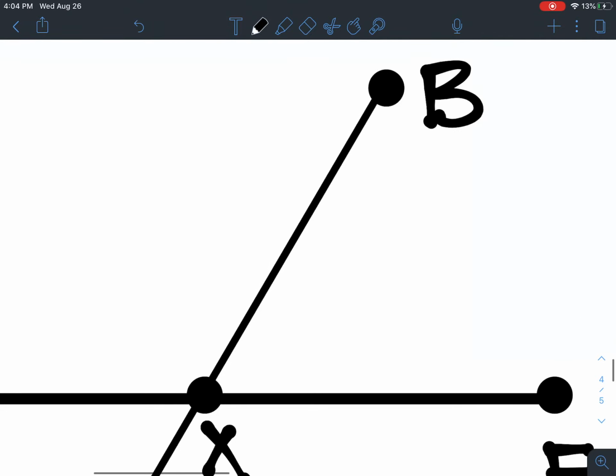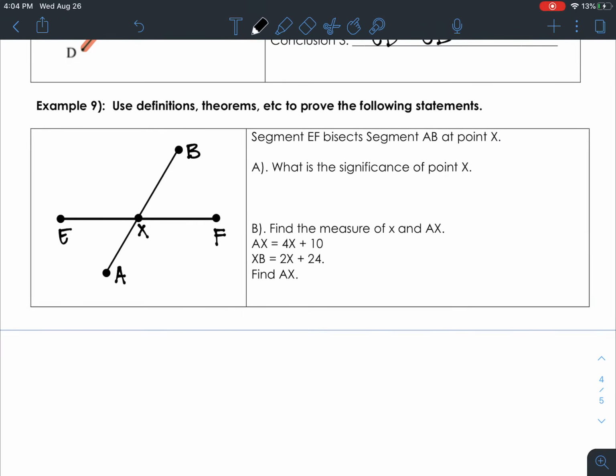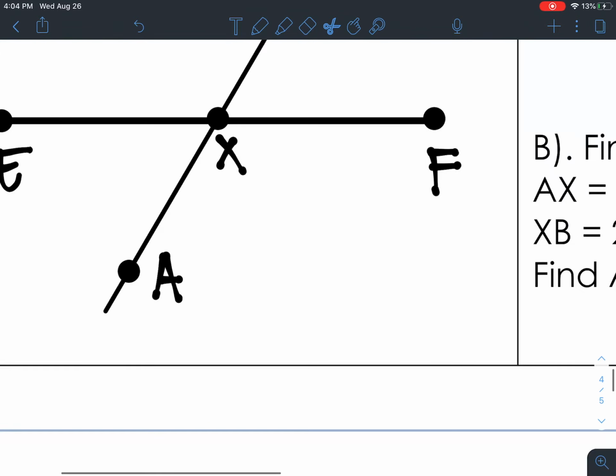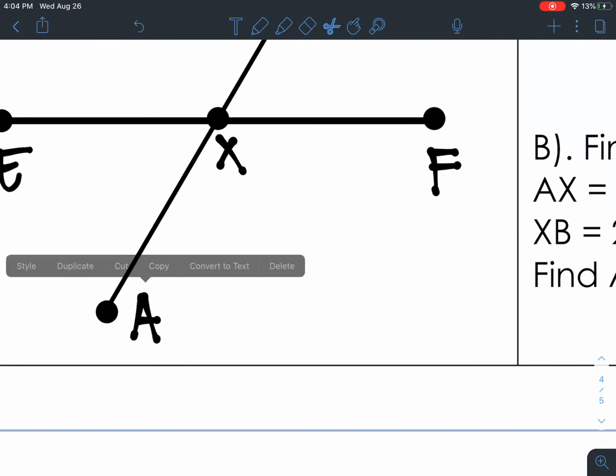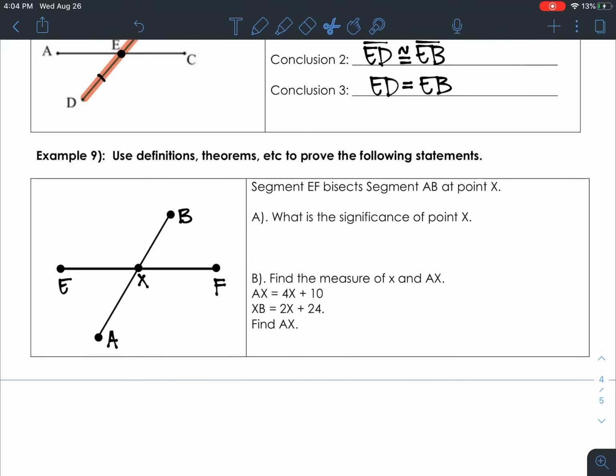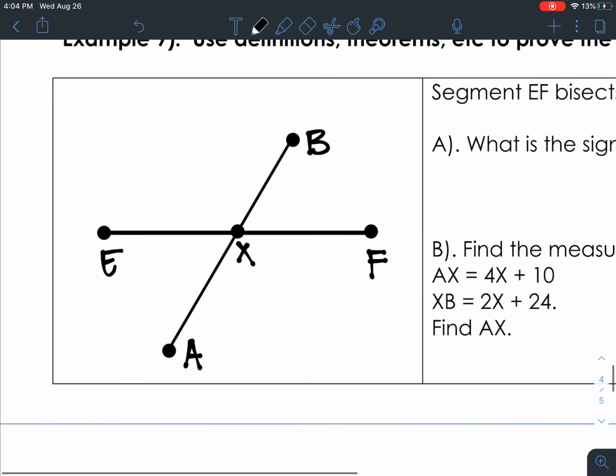Okay, so there's our picture. So it says that EF bisects segment AB, all right, at point X. And I'm just going to switch my picture just a little bit so it's a little bit more accurate. Okay, so which segment is doing the bisecting? Well, EF is bisecting AB at point X, all right, which means that AB is the one that's being bisected.